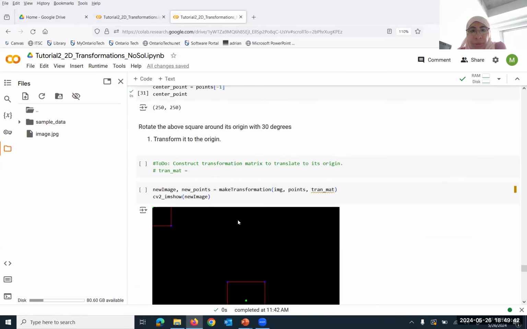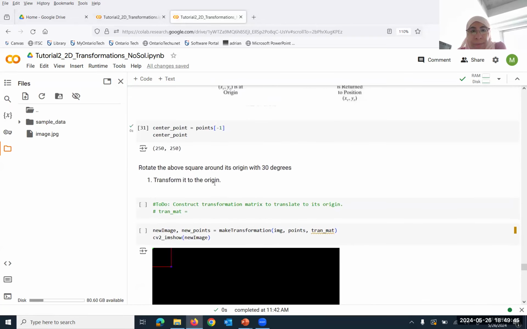If I start first with transforming to the origin, what would be the translation matrix in this case? Remember, I have 1, 0, tx, then 0, 1, ty, and 0, 0, 1.